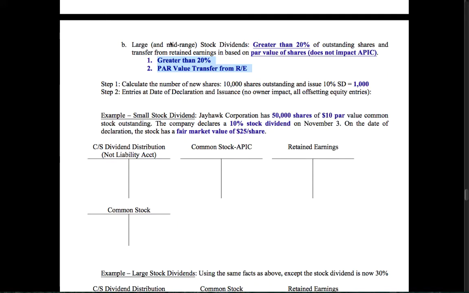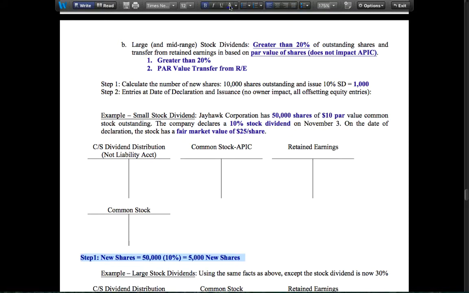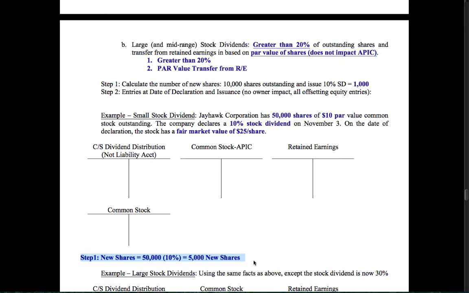We have 50,000 shares and a 10% stock dividend, so our first step is calculating the new shares. There are 5,000 new shares. Now we need to take these 5,000 shares and figure out how they impact the GL accounts.